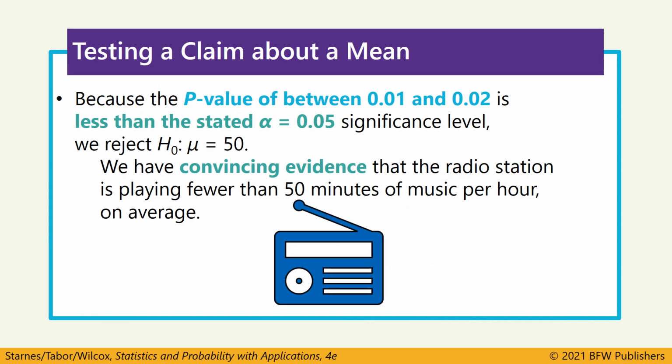Because this p-value is somewhere between 1% and 2%, that's less than the alpha level of 5%. And when the p-value is smaller than the alpha level, we're going to reject the null hypothesis and find that we have convincing evidence for the alternative, in this case, that being that the radio station is playing fewer than 50 minutes of music per hour on average.